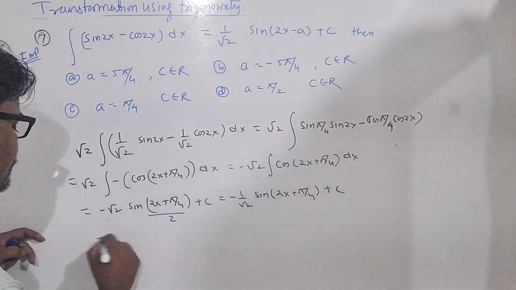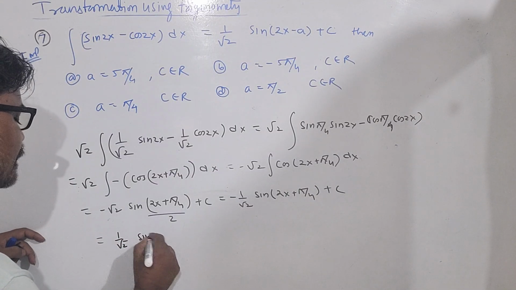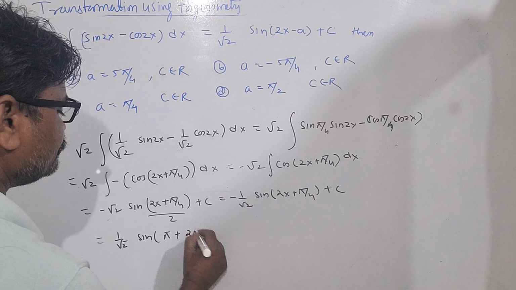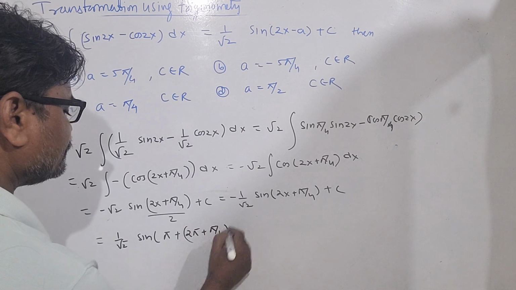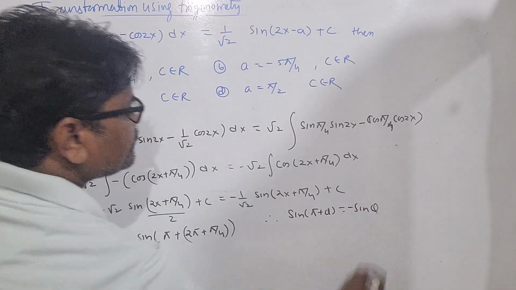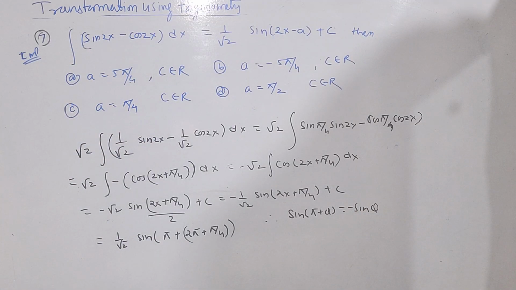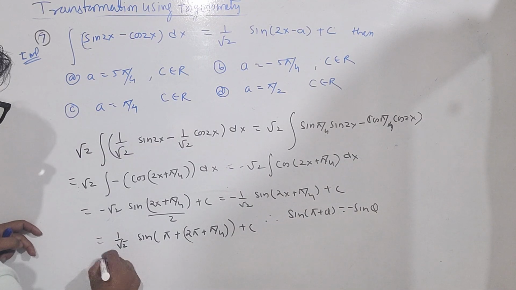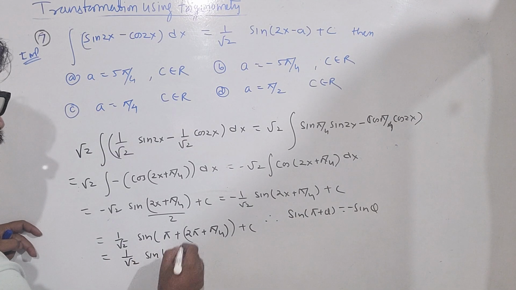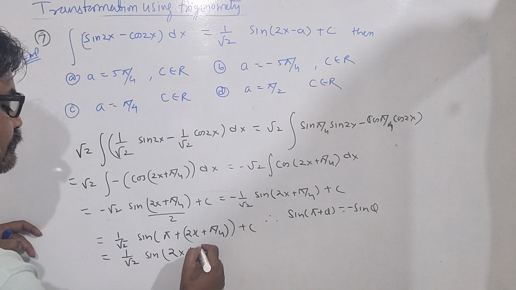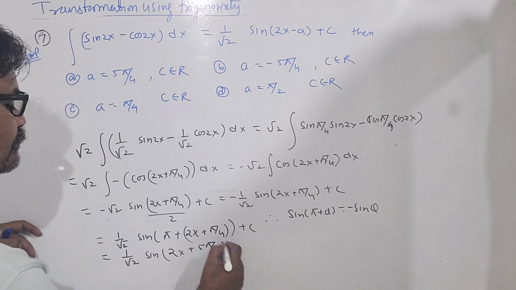So what is happening here? This is 1 by root 2 sin of (pi plus 2x plus pi by 4), because sin of (pi plus theta) is minus sin theta, correct. We are in the third quadrant, and in the third quadrant sin is negative, so this becomes pi plus theta, and of course plus c. Now you must have understood that this is 1 by root 2 sin of 2x, this is 2x, so 2x plus pi by 4, meaning 5 pi by 4, plus c.